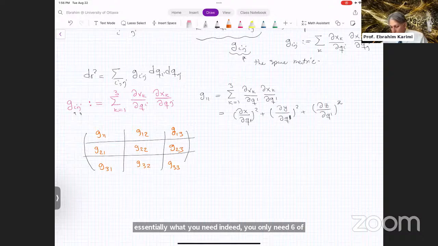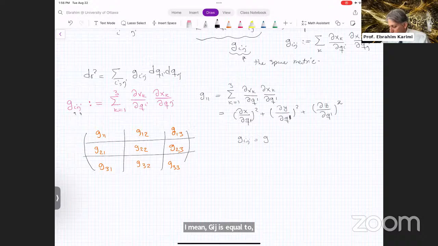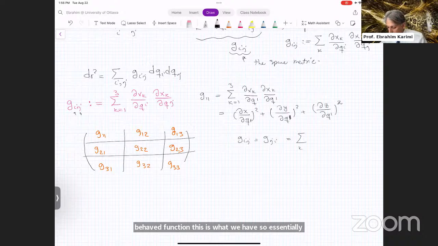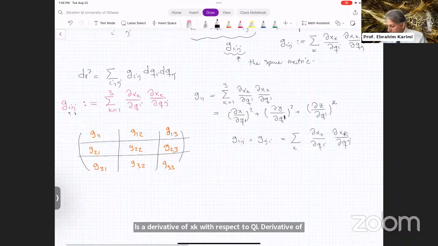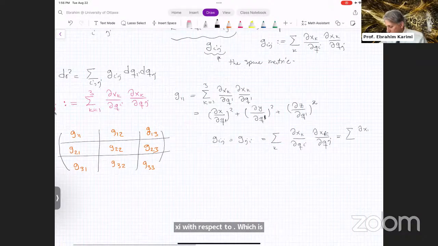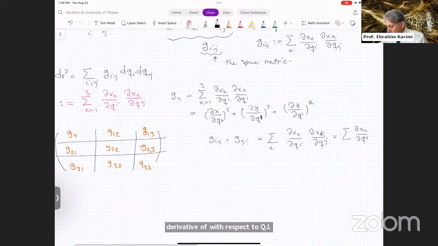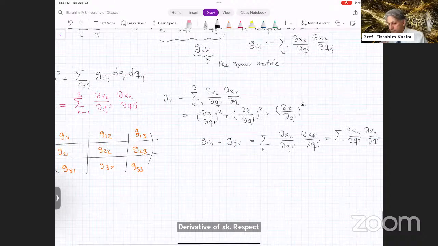I mean, Gij is equal to Gji, for well-behaved functions. So essentially this is what you will get: the summation over k of the derivative of xk with respect to qi times the derivative of xk with respect to qj, which is identical to the derivative of xk with respect to qj times the derivative of xk with respect to qi.